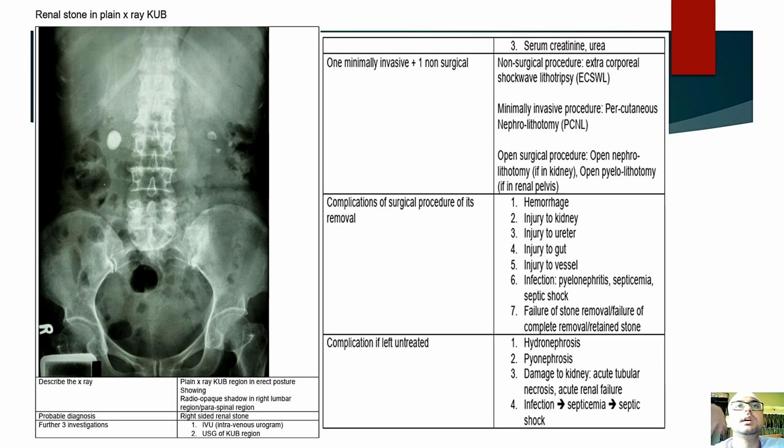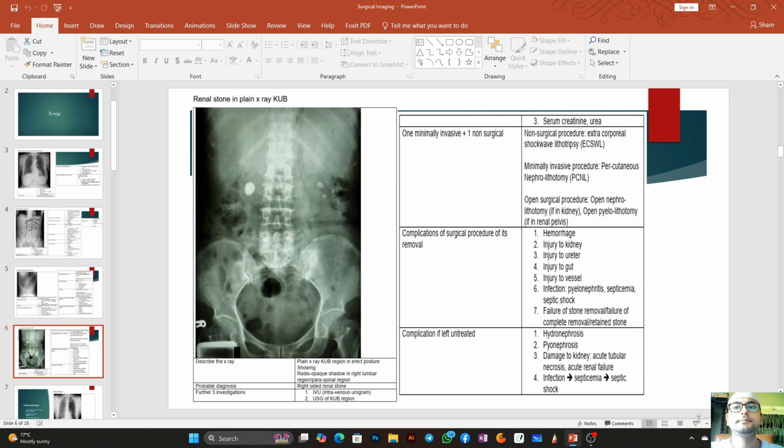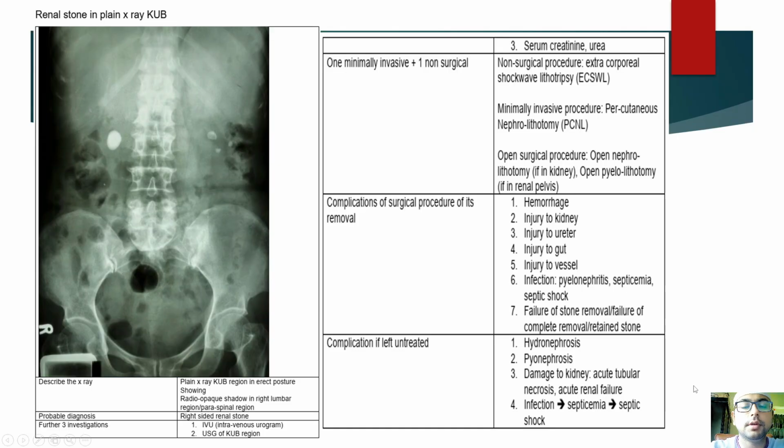In that case we will go for open nephrolithotomy and open pyelolithotomy in the renal pelvis. Okay, open procedure.